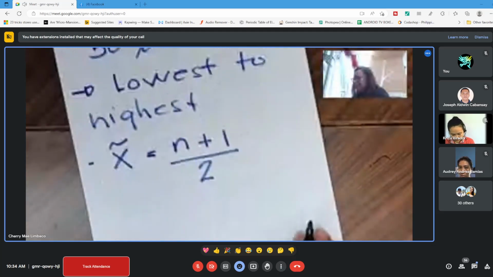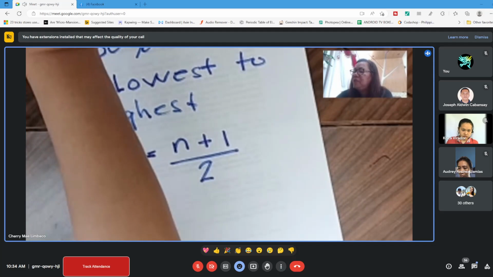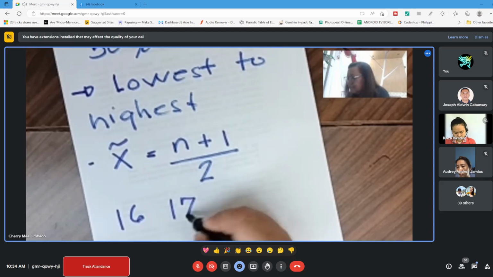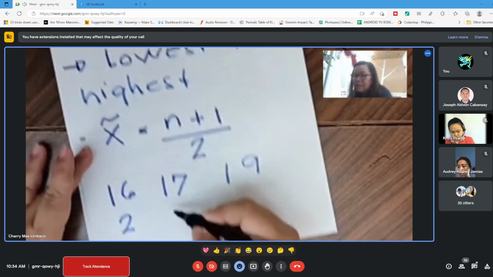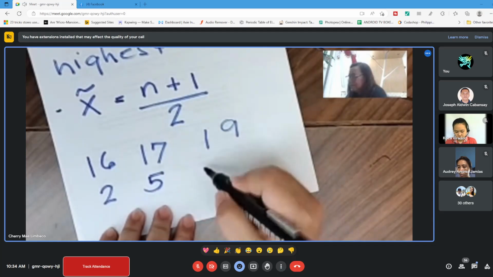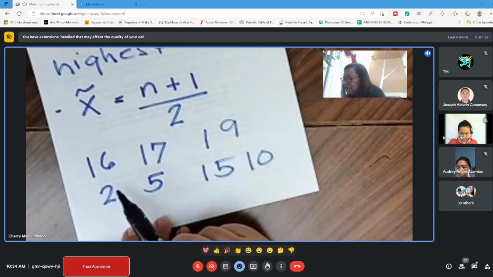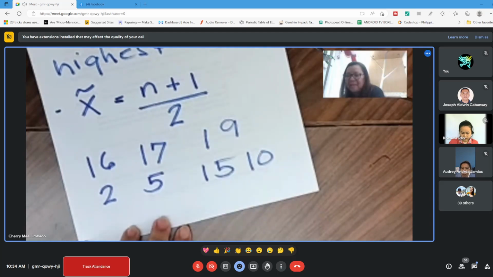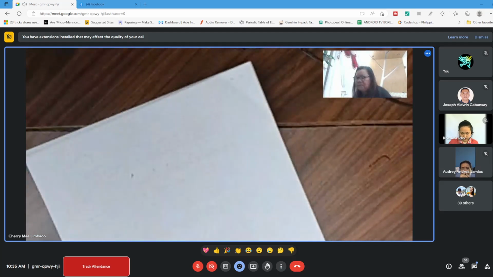Now, assuming that I have this score distribution: 16, 17, 19, 2, 2, 5, 15, 10. Earlier I said you have to arrange these first from lowest to highest. So what's going to be the arrangement?